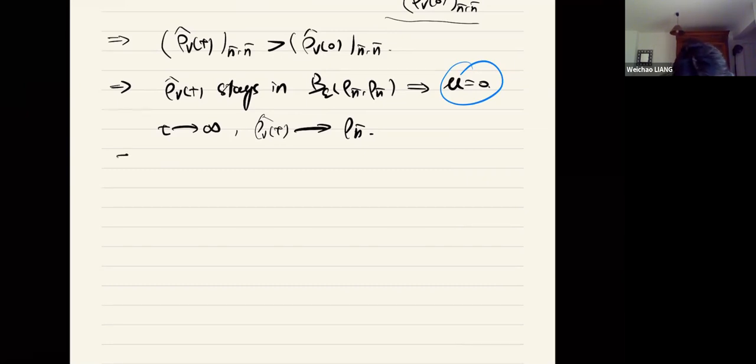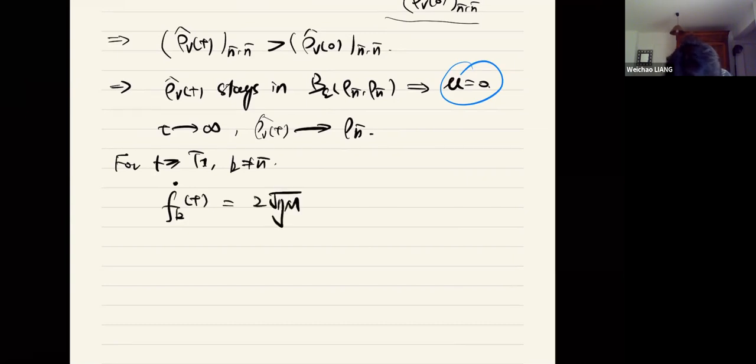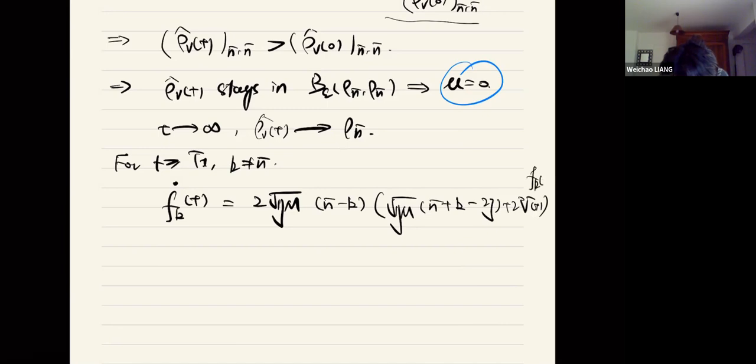So we suppose for t larger than t1 and k not equal to n bar, the FKT.